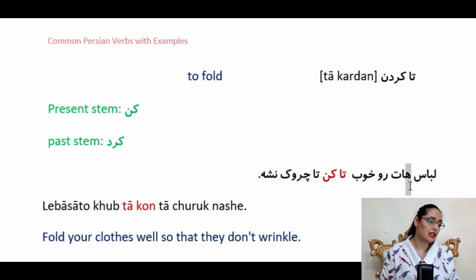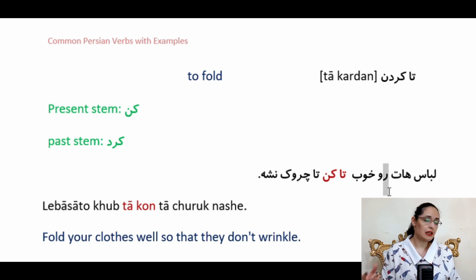You know that in speaking we omit the he sound and we say لباسات instead of لباس هات. And also in spoken Persian, we omit the re sound in ro, which is ra, but in spoken Persian, we say ro.